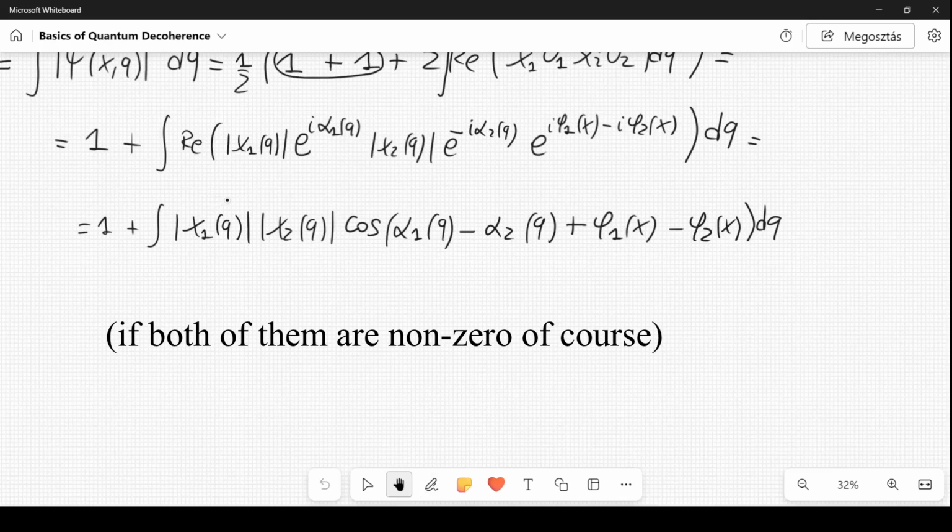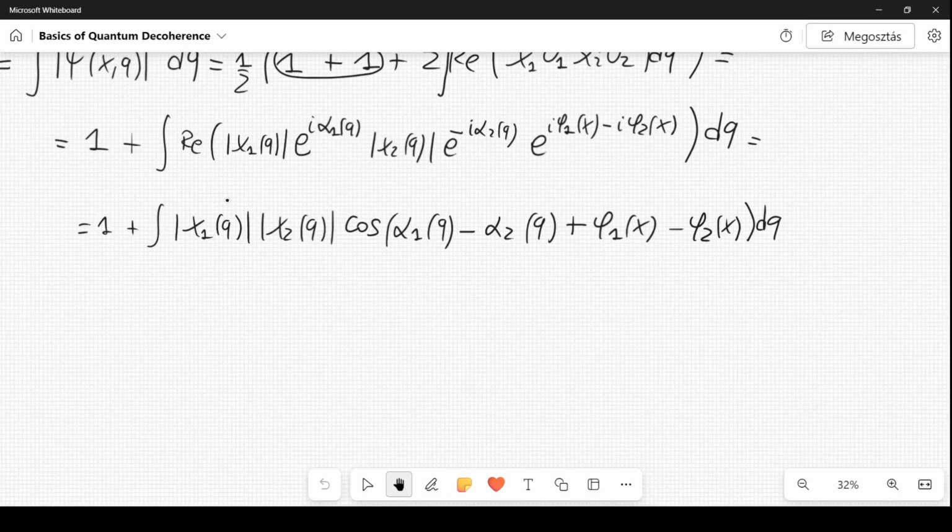So you can understand that if the interactions are independent of each other, and independent means that there is no relationship between alpha 1 and alpha 2, so they are different from each other, and if these magnitudes are relatively constant over q, we can intuitively understand that the sum of cosines will be 0.